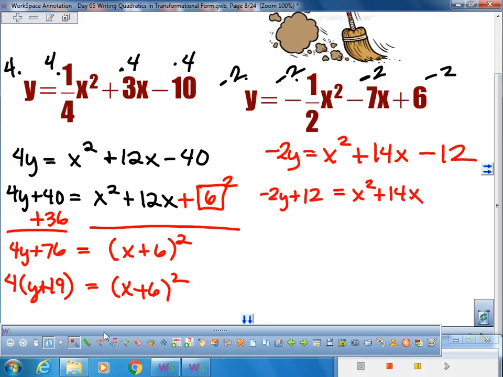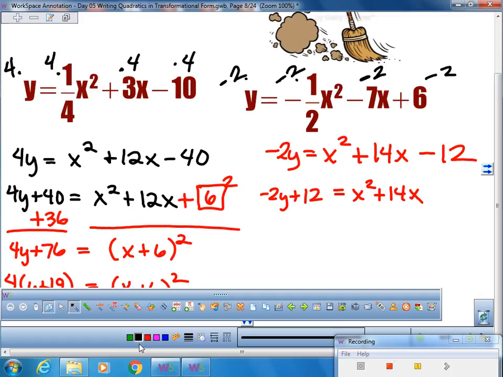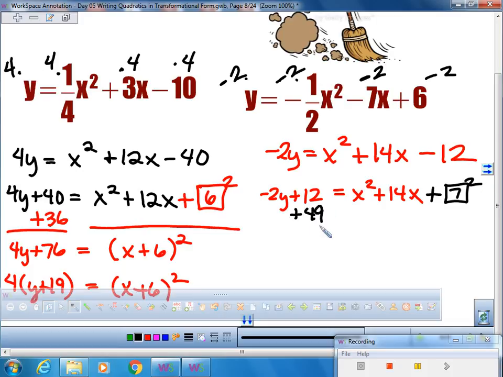We're going to add 7 squared to both sides. So we're going to add 49 to both sides. And we're going to be left with negative 2y plus 61. That's not very pretty. Equals x plus 7 squared.